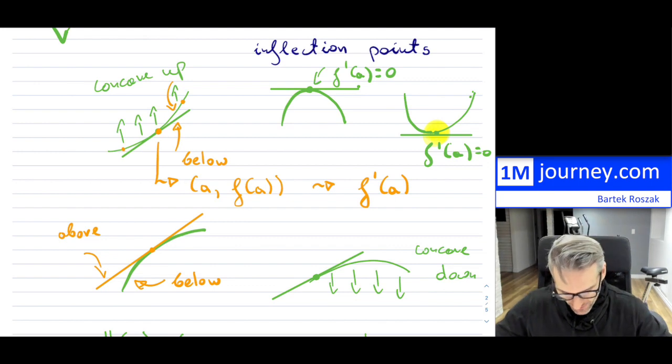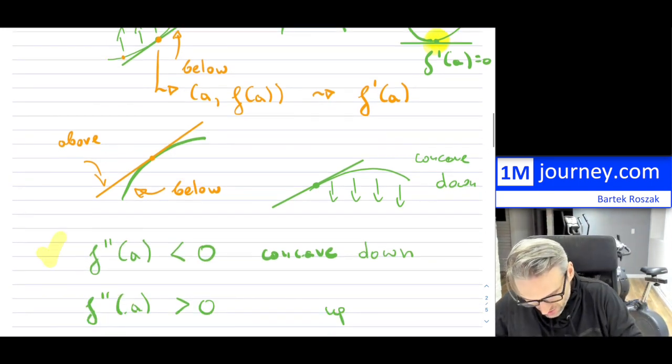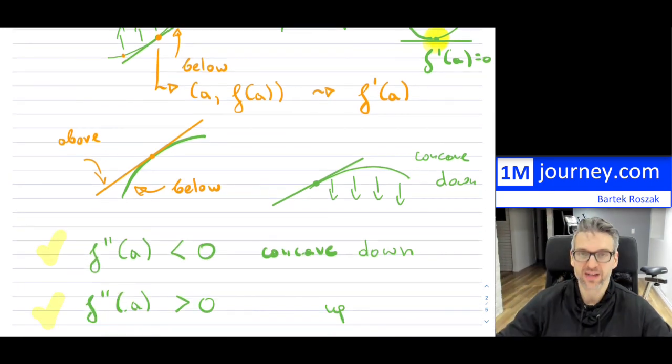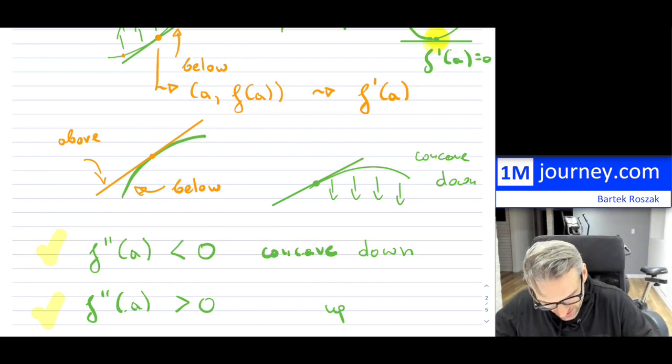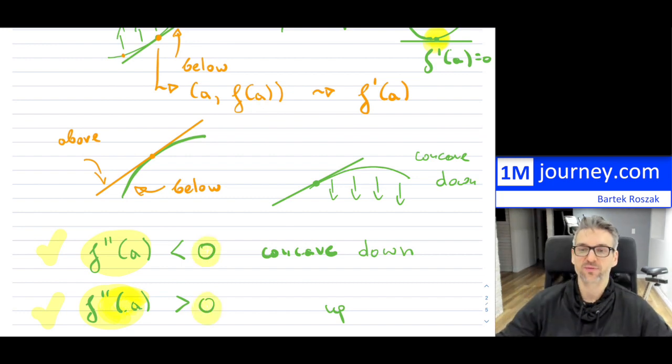So that is a very nice test for us to see these local maximums and minimums, but this idea of concave down and concave up can just be seen through the second derivative. Is it positive or is it negative?